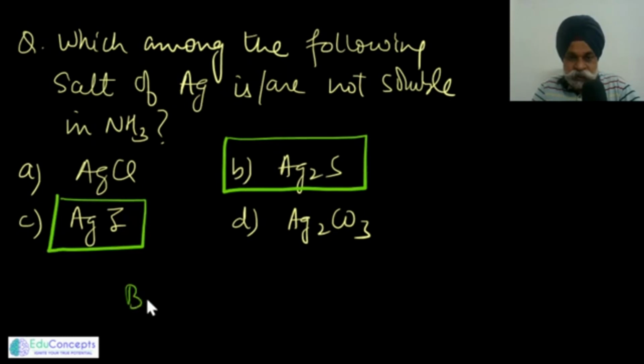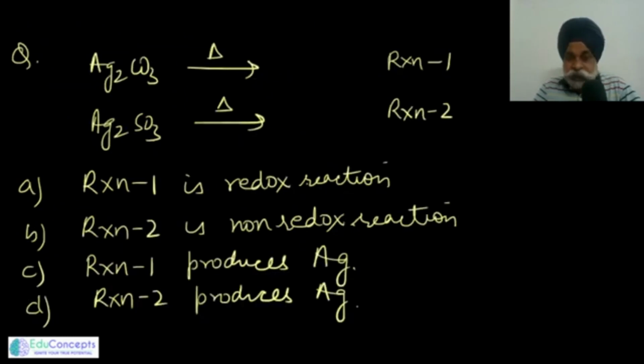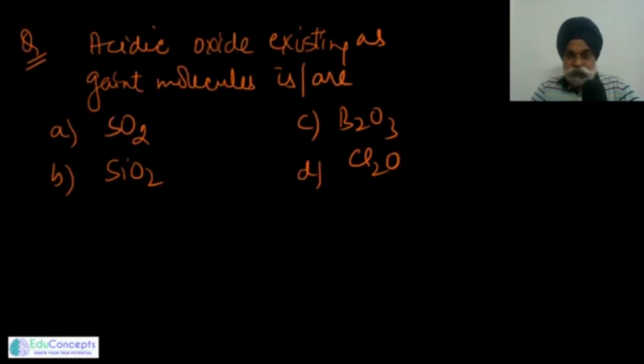So B and C is the answer for this question. Moving ahead, this again seems like an interesting question: if you heat them together, so I would mark it as homework. Try this at your place. I would address this in the next session. I just give you this as a question to be solved by you people.